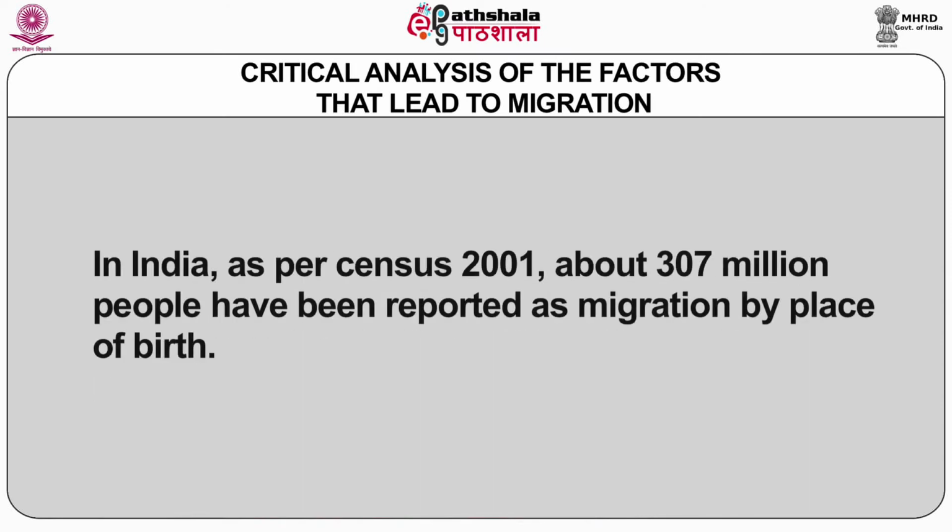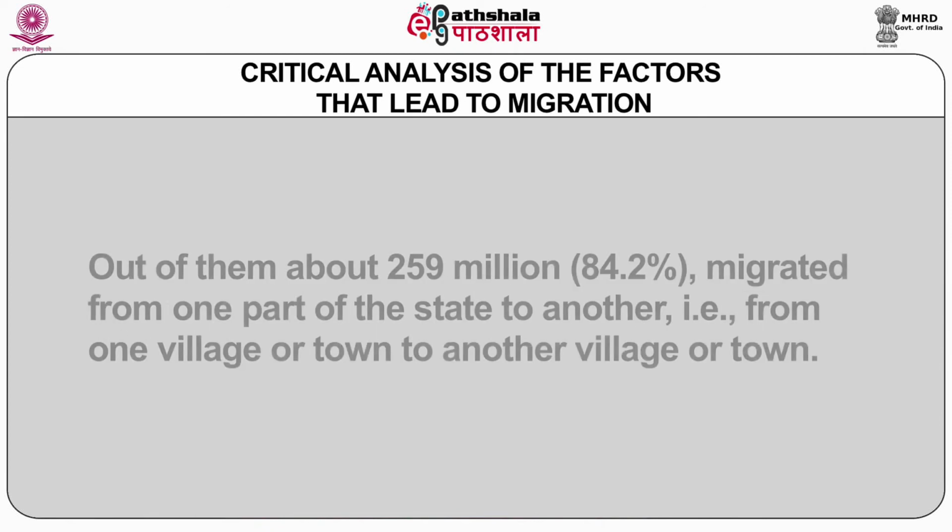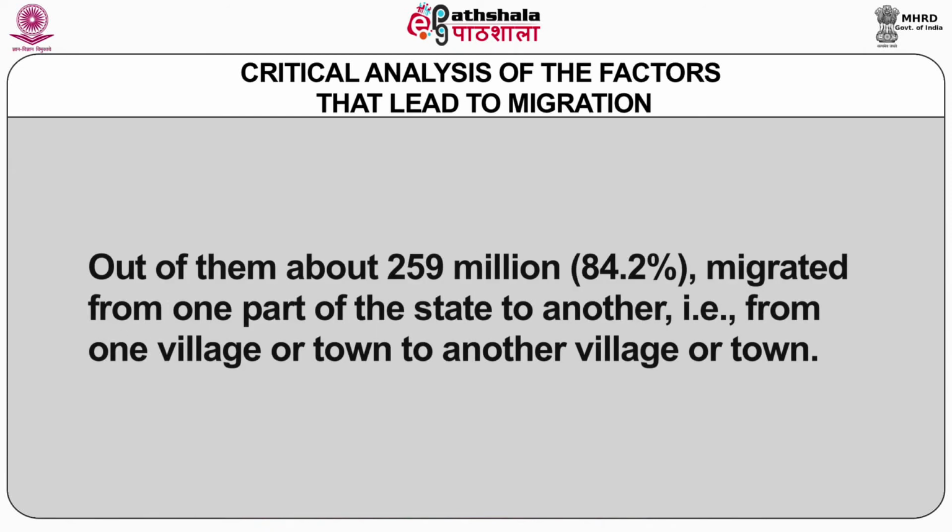In India, as per census 2001, about 307 million people have been reported as migrants by place of birth. Out of them, about 259 million, 84.2%, migrated from one part of the state to another, that's from one village or town to another village or town. 42 million, that is 2%, came from outside the country.